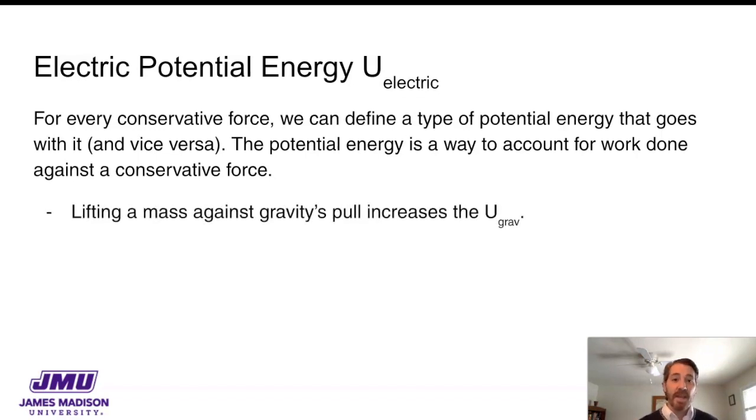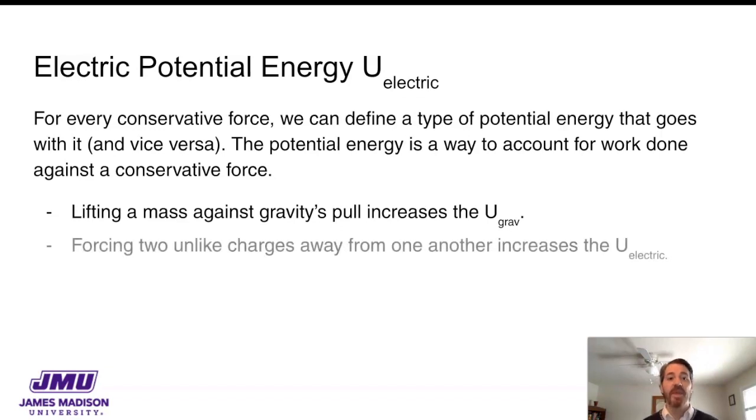So when you lift a mass against the direction of the gravitational field, you increase that mass's gravitational potential energy relative to the gravitational field and the Earth. Similarly, if you take two unlike charges that want to be near one another and you force them away from each other, you increase the electric potential energy of that system.